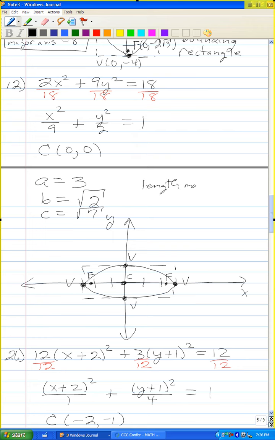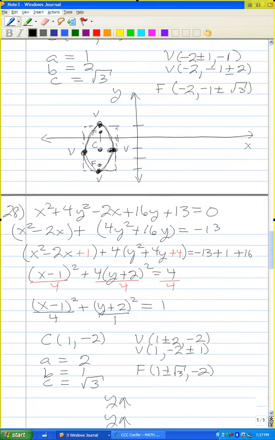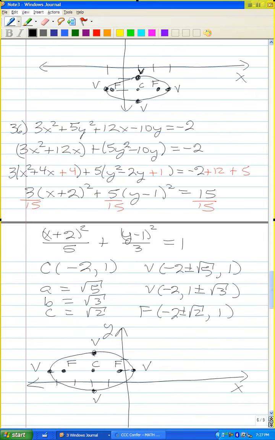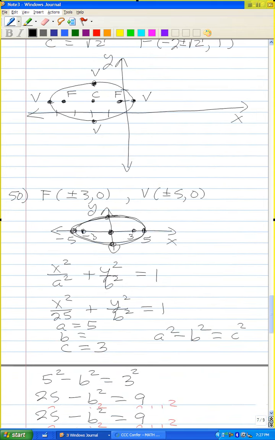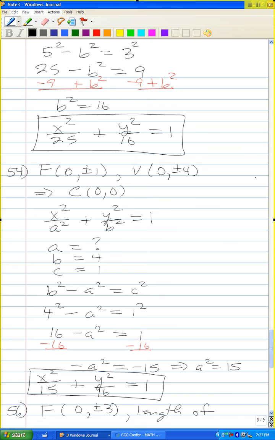Okay. On 26, we didn't need it. Up to 36, we didn't need it. And so on problem 28, I did 28, didn't need that. 36, didn't need it. Oh, I should have done another problem. I'll have to interject another problem here because somehow I skipped 37 through 48.